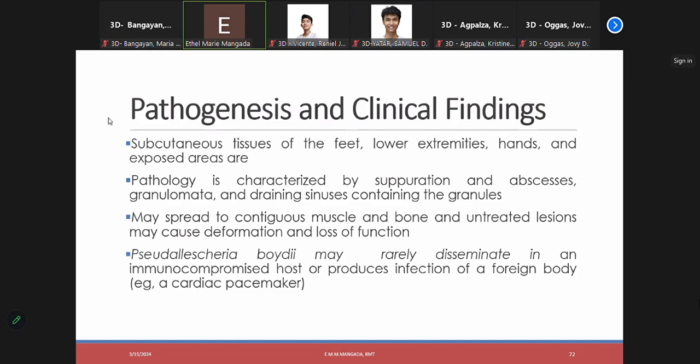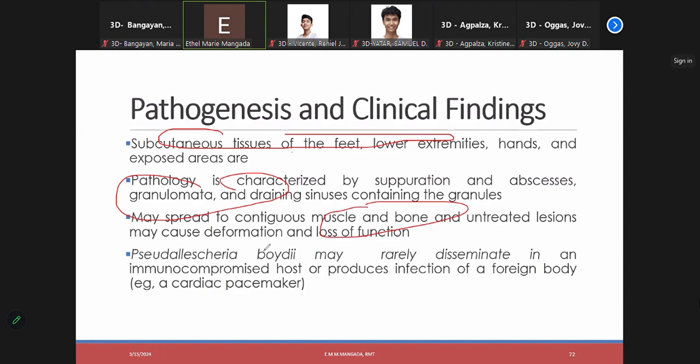So clinical findings in your mycetoma: there's involvement of subcutaneous tissues of the feet, lower extremities, hands, and other exposed areas. That's why we say, to protect ourselves, we use boots, pants, long sleeves. Pathology is characterized by suppuration and abscesses and granuloma. It may spread to contiguous muscle and bone. So, we can have lesions that go all the way to the bone, especially if not treated.